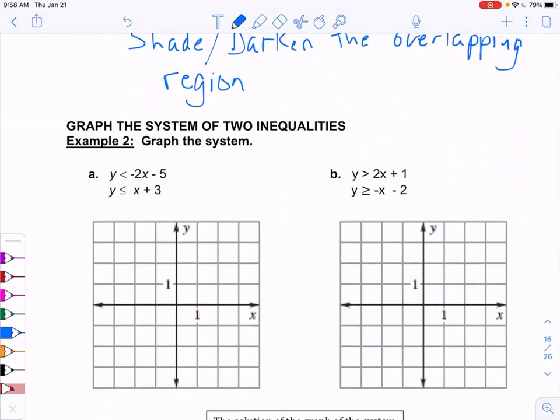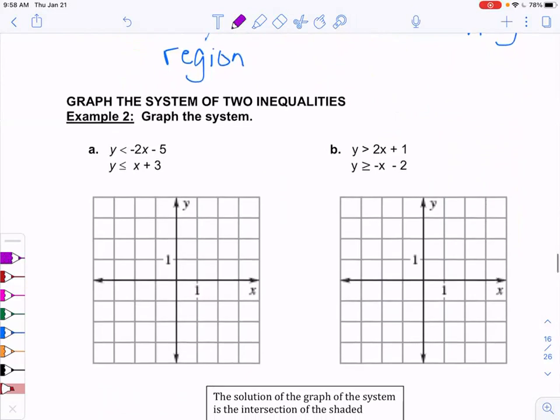Yeah, it definitely helps. So what I'm going to do is graph each of these 2 lines separately. For the top one, my y-intercept is -5, and we actually need to put another point down here. That's my fault.